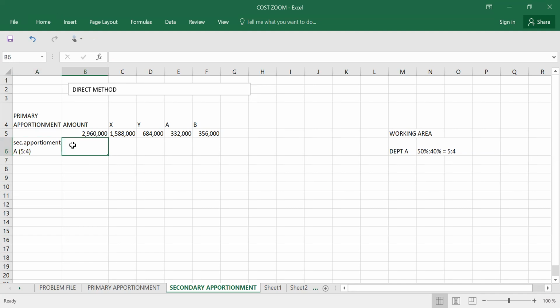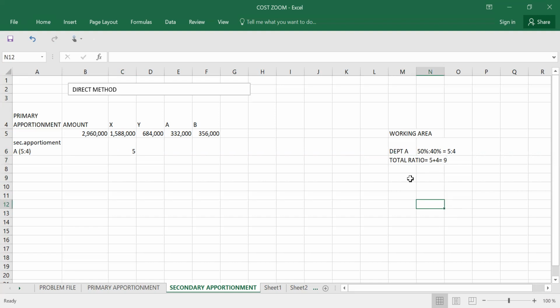If A is distributing these amounts, whatever we are going to do, we are multiplying this. Actually, let me say total ratio here. I'll have my total ratio, which is equal to 5 plus 4, being equal to 9.